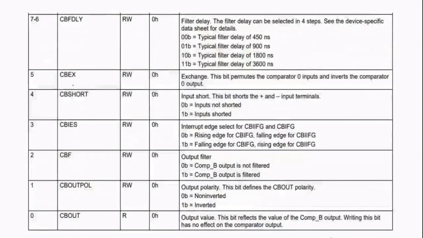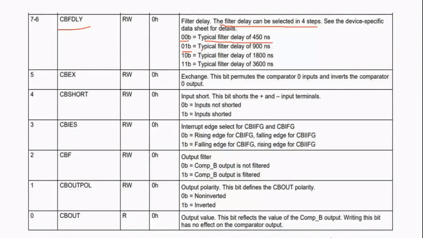Now comes the next, CBFDLY. This is the filter delay. At the output terminal, we are using filters. So when it filters, what is the delay of the filter? This filter delay can be selected in 4 steps. If it is 00, it means a filter delay of 450 nanoseconds.